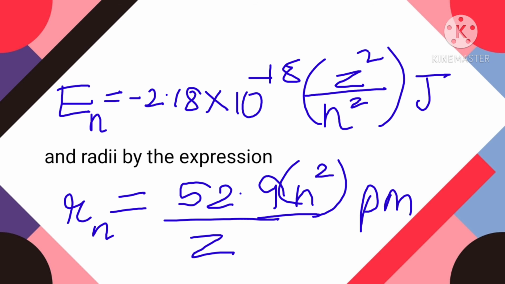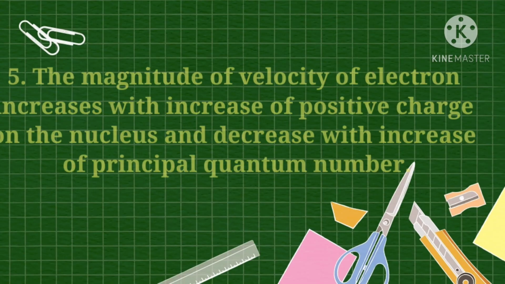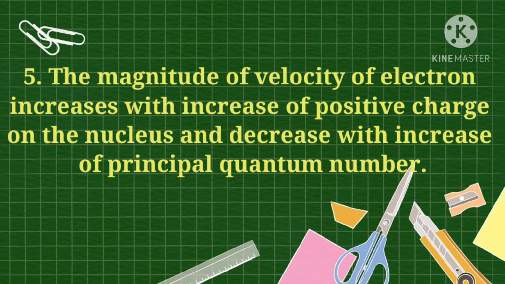So जैसे जैसे atomic number बढ़ेगा वैसे ही radius कम होगा और energy ज़्यादा negative होती जाएगी. Is that clear? So this means that the electron will be tightly bound to the nucleus. Okay, that means the energy of an orbit closest to the nucleus is lowest, whereas energy of an orbit far away from the nucleus is highest.